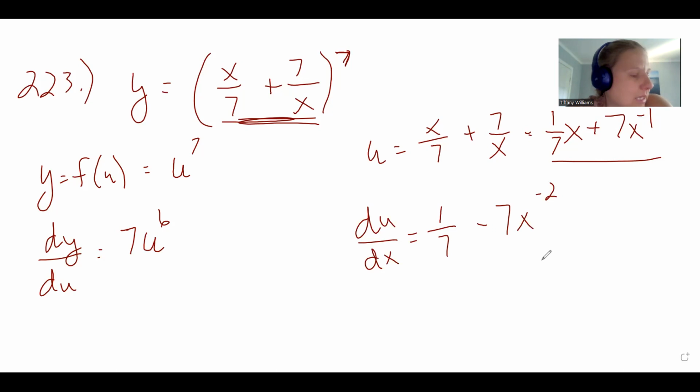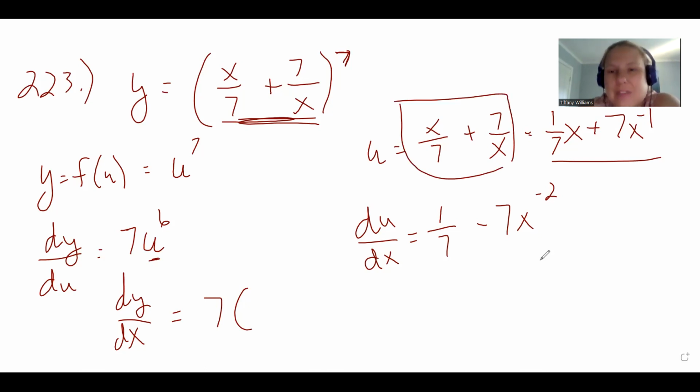So we're going to put this together. I'm going to say dy dx now, so I'm putting y in terms of x instead of u's. dy dx is going to be 7. Remember, I don't want to have a u. I'm going to replace u with what it was. I'm actually going to use that version because I'm going to have to clean it up anyway.